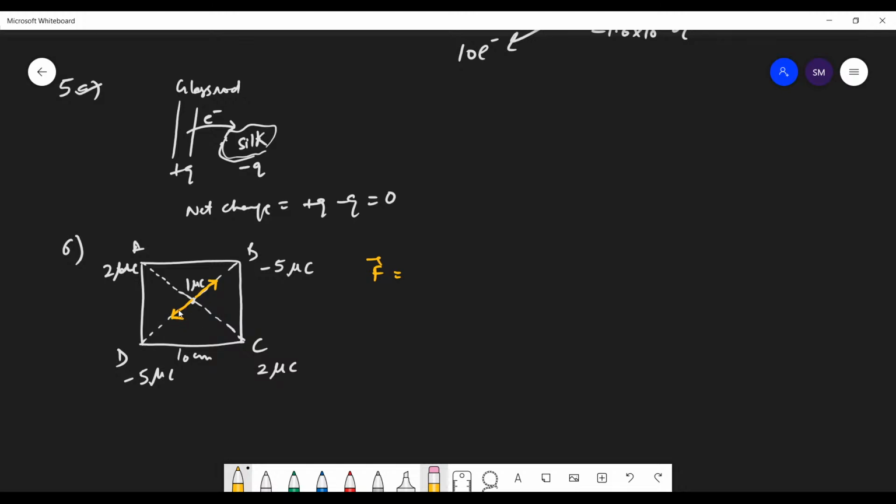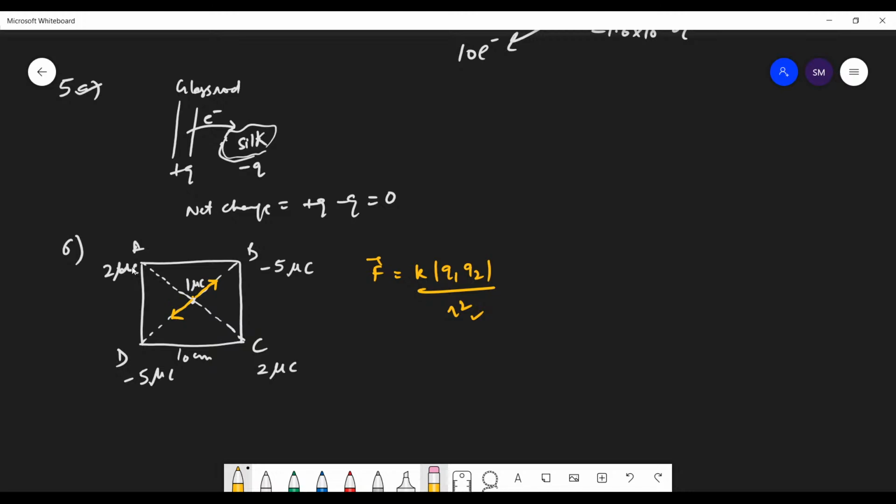Both the forces are the same because force is equal to K Q1 Q2 by R square. Because the diagonals of the square bisect each other at 90 degrees, both these distances are the same, and the charges are also the same, so the product of the charges is the same, and the forces are in opposite directions, so they will cancel out each other. So these two forces cancel out each other by symmetry.